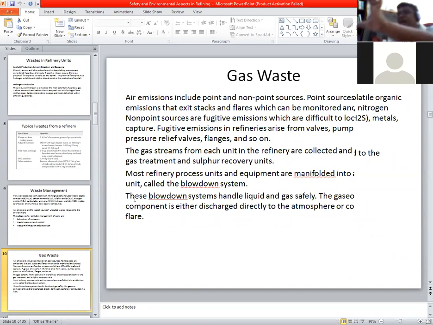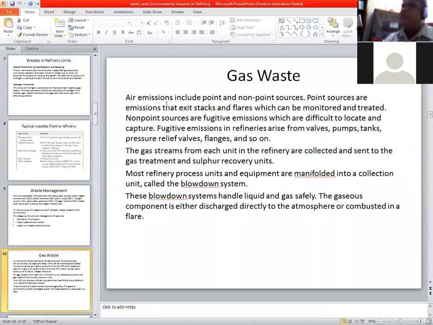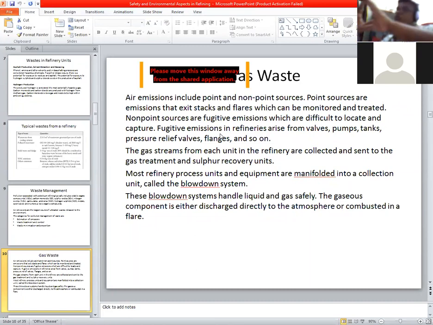Whatever hydrogen sulfide and sulfur dioxide is produced, we can use to produce sulfuric acid. That is a valuable product. So whatever the harmful gases, hydrogen sulfide, yes, it is harmful, but we have to capture it. Then we do the gas processing plant.